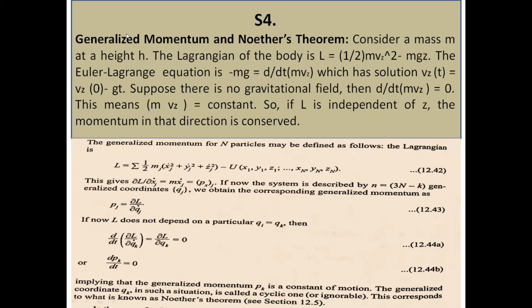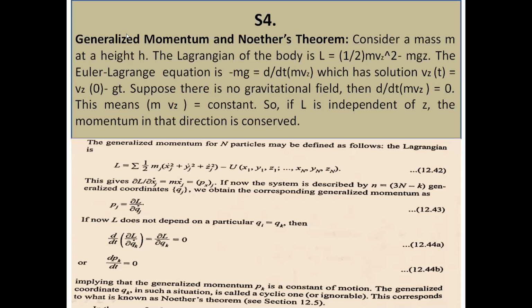Suppose, for a moment, I switch off the gravitational field. When I switch off the gravitational field, g, acceleration due to gravity, would become zero. If g is put equal to zero in the Lagrangian, the Lagrangian is independent of the z coordinate. So what am I getting from the Euler-Lagrange equation?